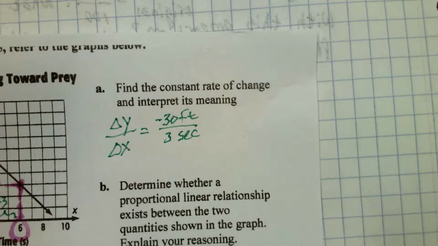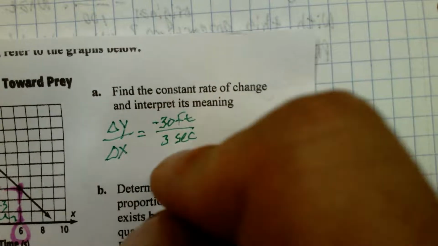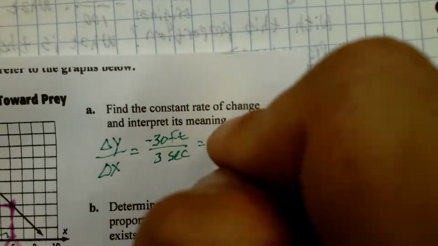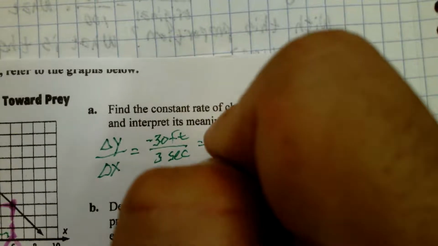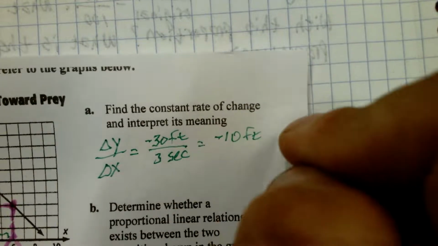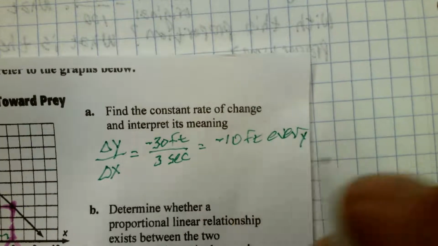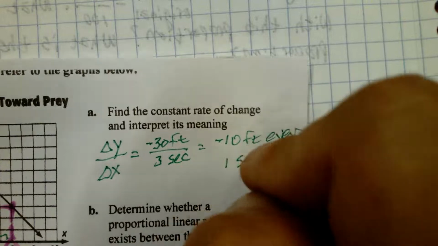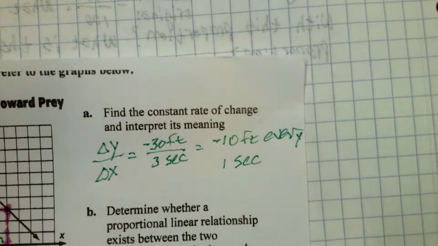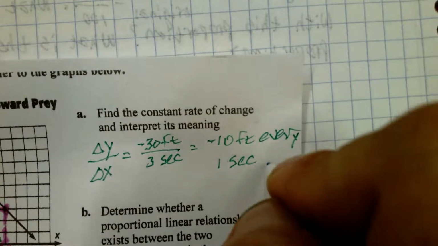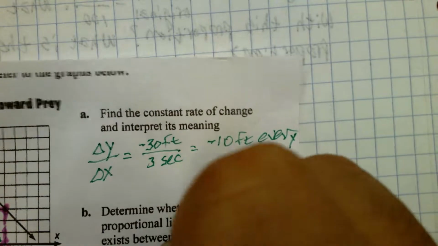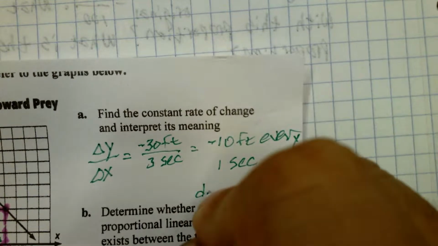So if we find the unit rate for that, what is that going to be? 10 feet every 1 second. Or dropping 10 feet every second. You can use the word dropping instead of negative.